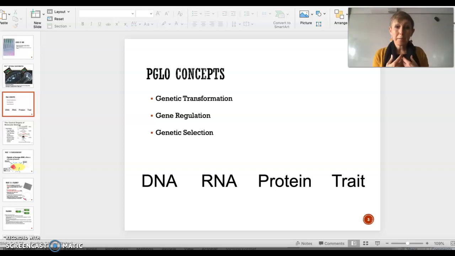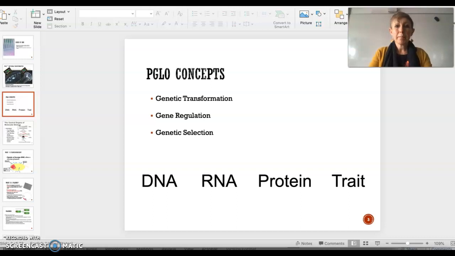So the plasmid is the vector in this situation, and we can modify the vector and introduce it to the cell, and then the bacterial organism will express the new genotype that we've introduced. So genetic transformation is the process.